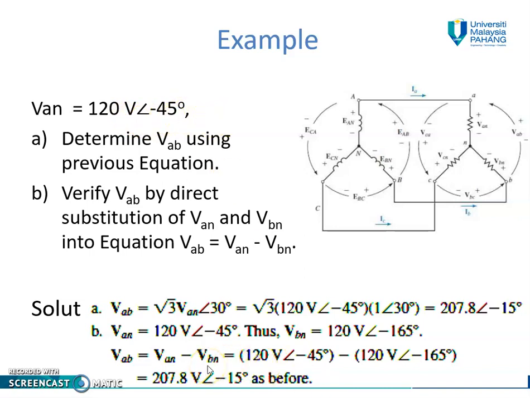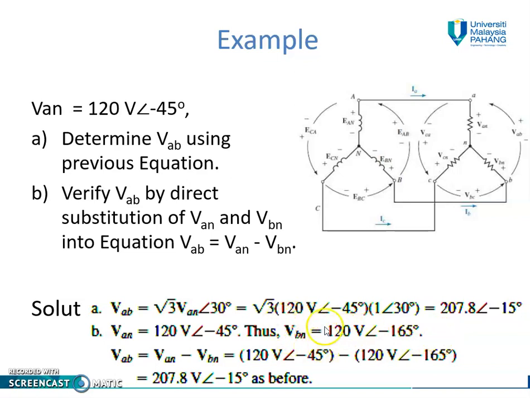But for VBN, it has the same magnitude, which is 120 volts, but the angle is negative 165 degrees. How can we get negative 165? Since VAN is 120 degrees apart from VBN, we take negative 45 degrees minus 120 degrees, so we get negative 165 degrees.